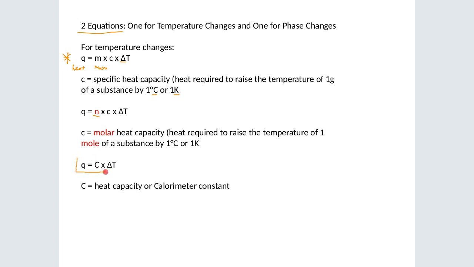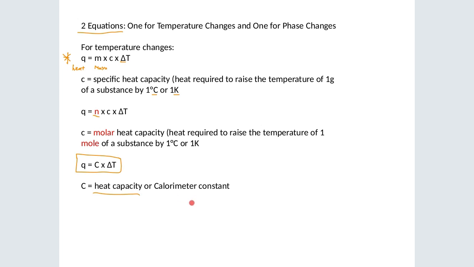All right, now the third version of this equation, it's going to take the amount of the substance, either the mass or the moles, and the specific heat capacity, little c, and it combines these two terms into a big C. And big C is referred to just as heat capacity, not specific heat capacity.